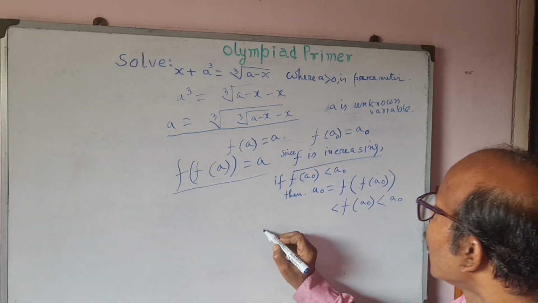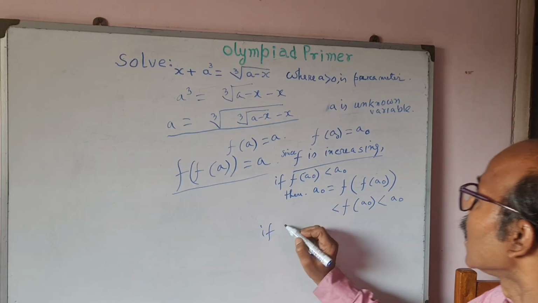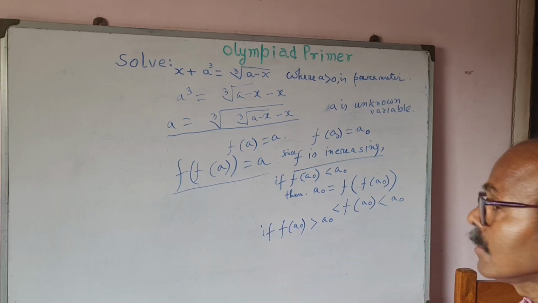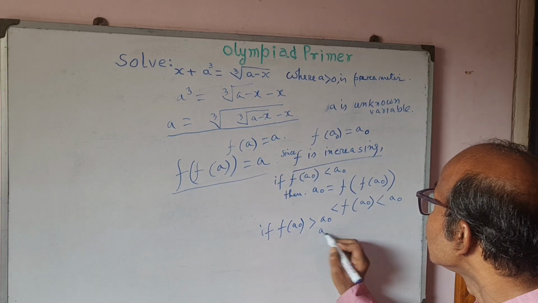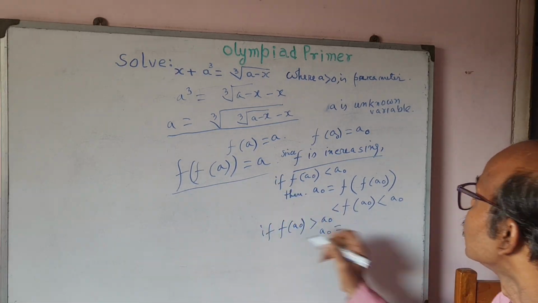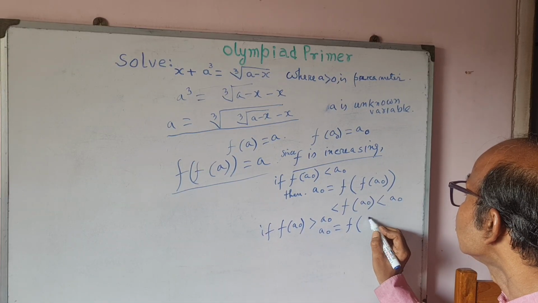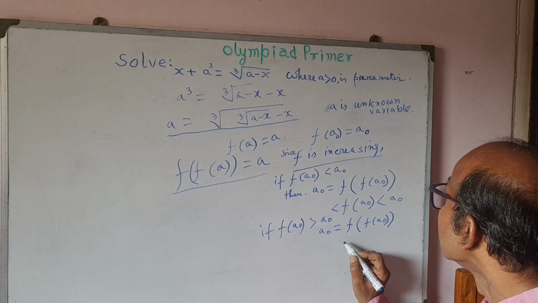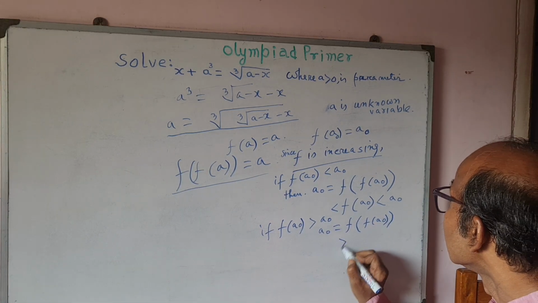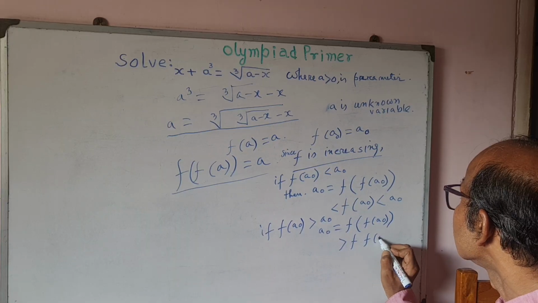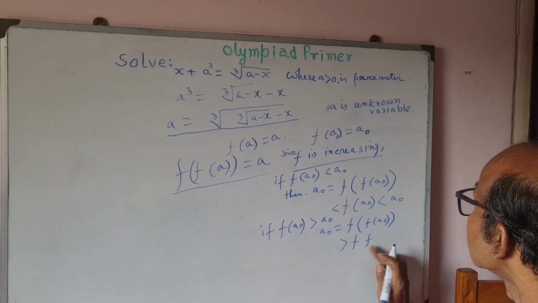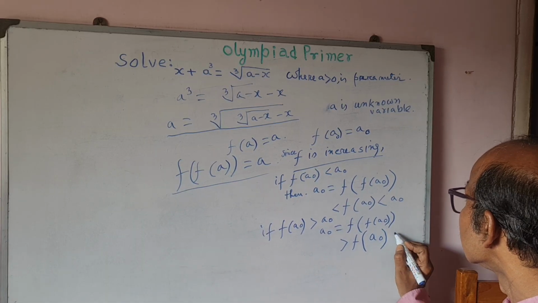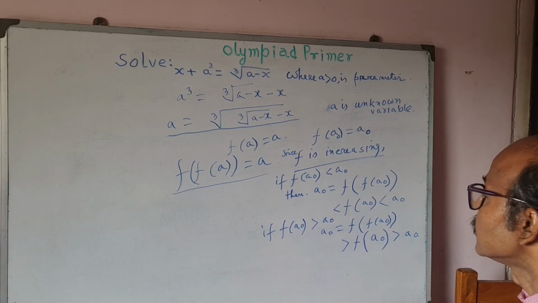And again, if the function is greater than a0, then what would happen? Then a0 equals function of this, which means greater than a0.